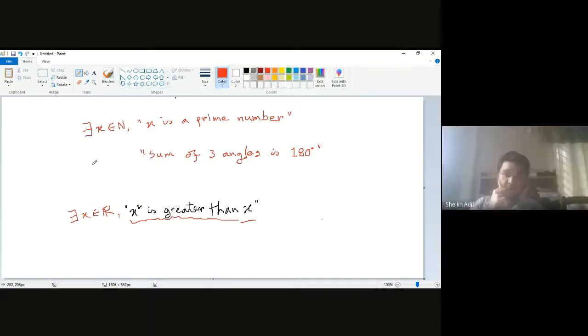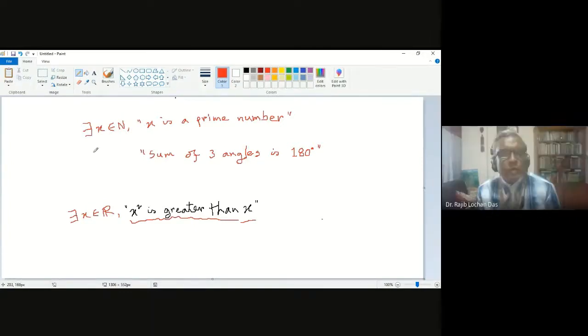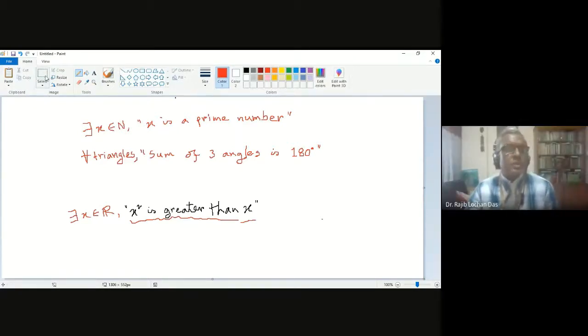Sir, for all. It is not sometimes. For all triangles. So you will write, for all triangles, comma, this. So this is the universal quantifier. That is the concept about quantifiers.